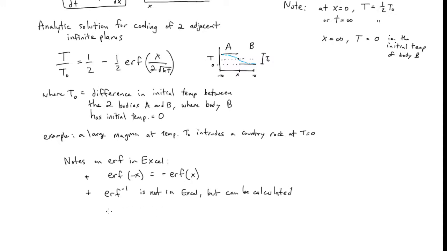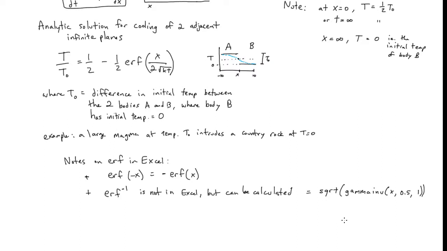It's equal to the square root of gamma inverse of x, 0.51, and I'll show you in Excel. This returns the inverse error function.